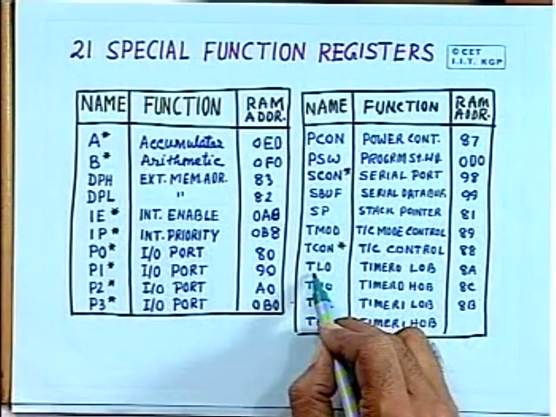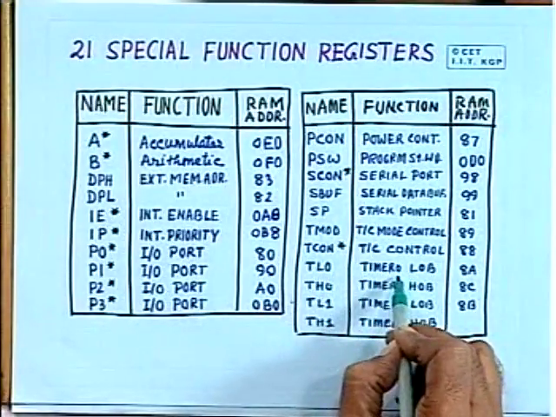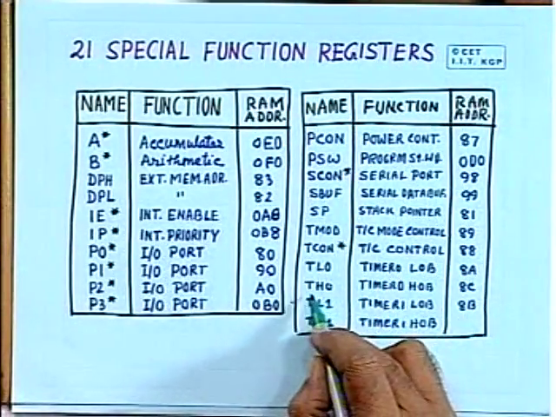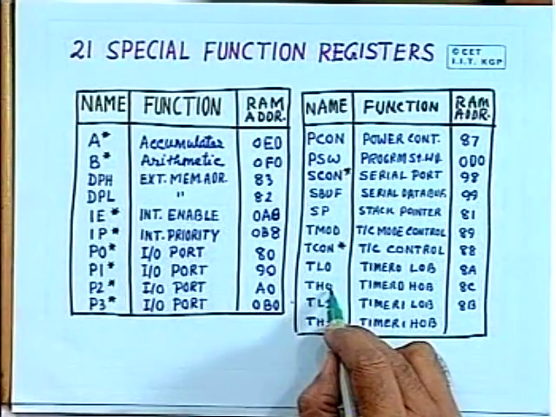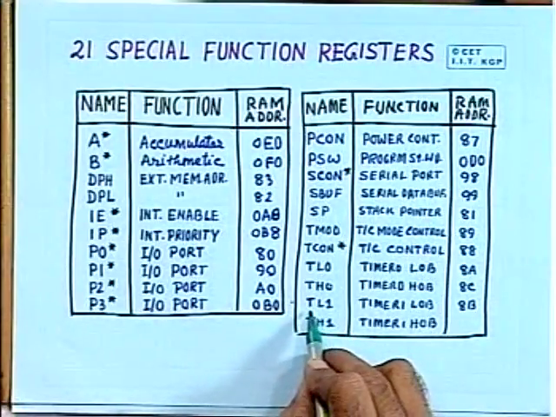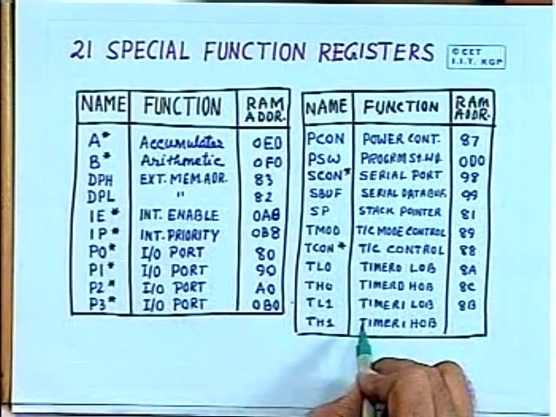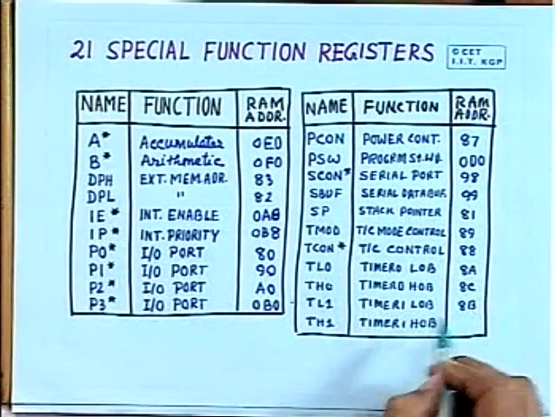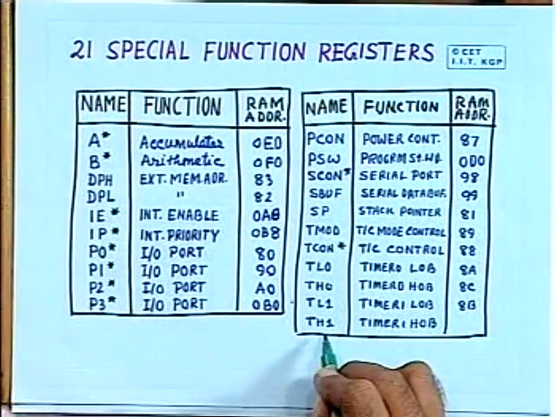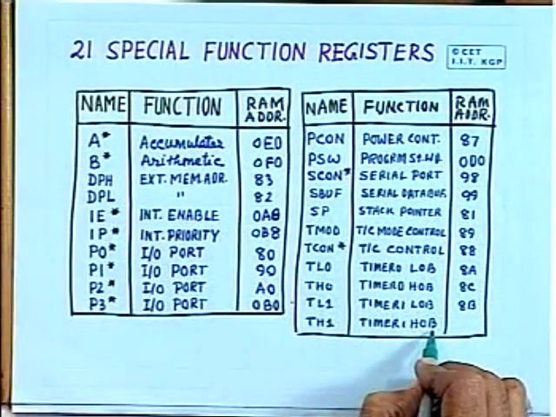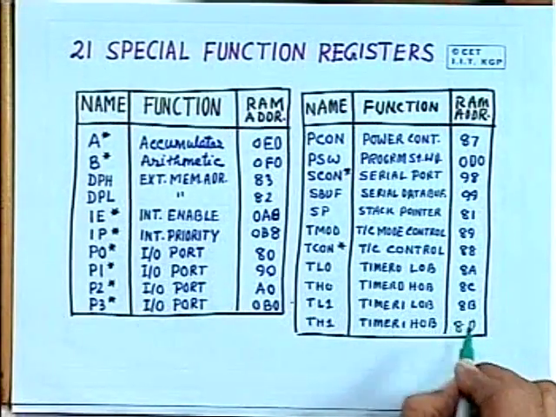This is the lower order byte, TL0, timer 0 lower order byte, which maps on 8A. Timer 0 higher order byte, TH0, maps on 8C. This is your timer 1 lower order byte, TL1, which maps on 8B, and this is TH1, timer 1 higher order byte, which maps on 8D.